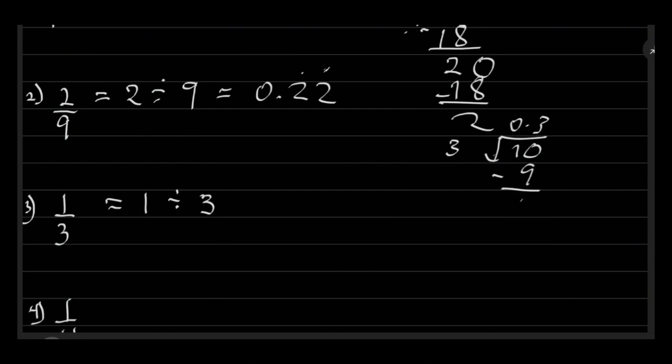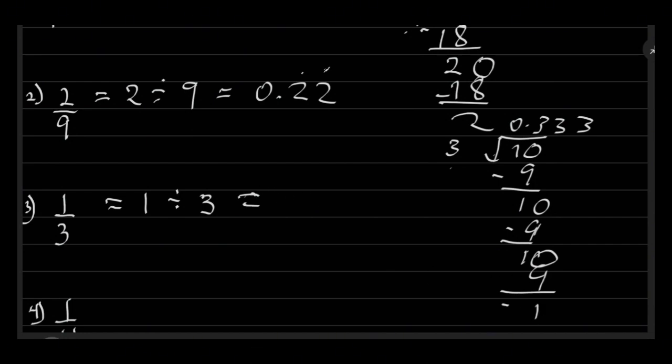When we do our subtraction, we are left with 1. We introduce our 0. 3 into 10 will be 3 times. 3 times 3 is 9. We do our subtraction, that will also be 1. Another 0. 3 into 10 will be 3 times 3 is 9. We do a subtraction, 1, and it will go on like that.